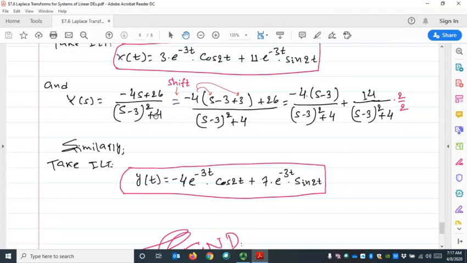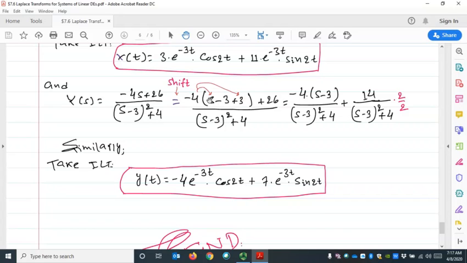Now, same as before, put the shift in our numerator. So negative 4 times s minus 3 plus 3, same denominator, plus 26, and make a group here: s minus 3 one group, 3 another group.